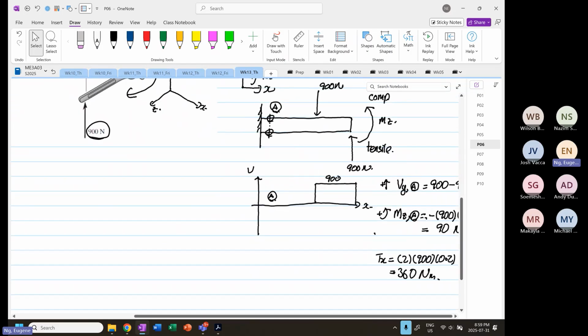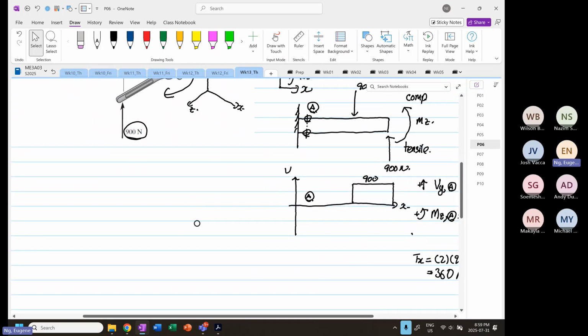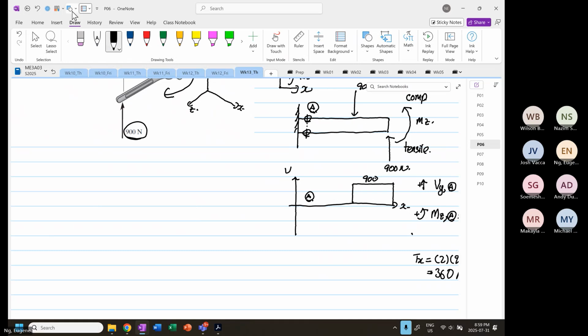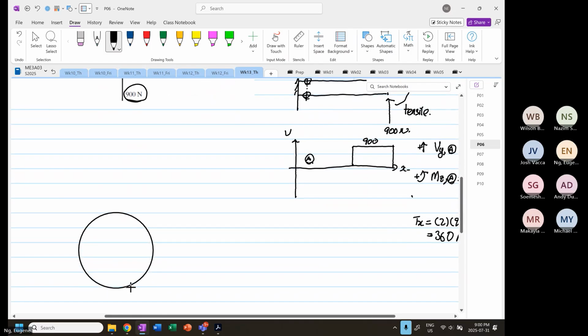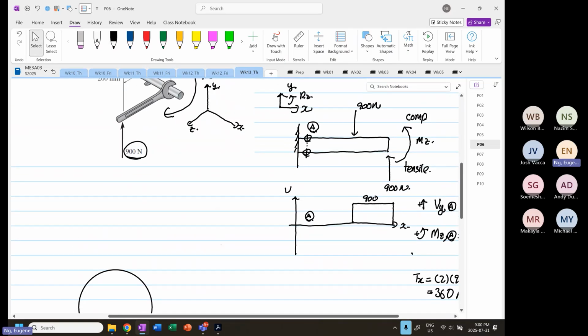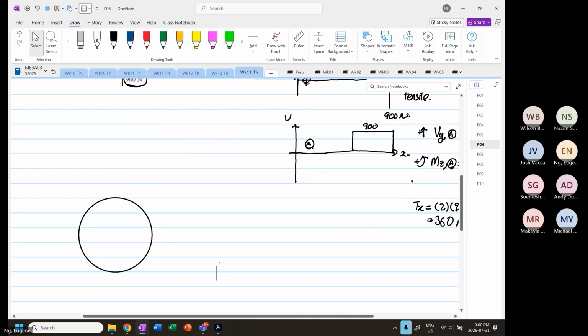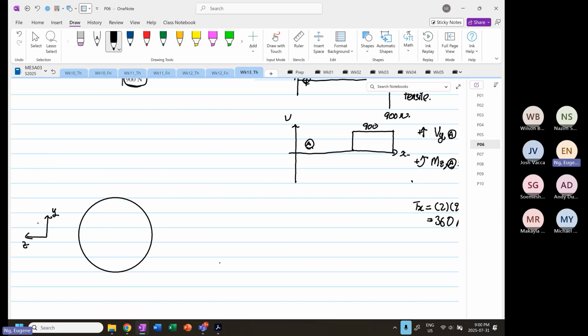Before I go on, if I have a shaft down here, based on the transformation, this is y, z, and rotation about x.